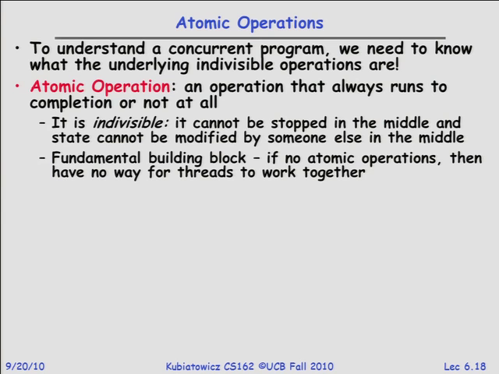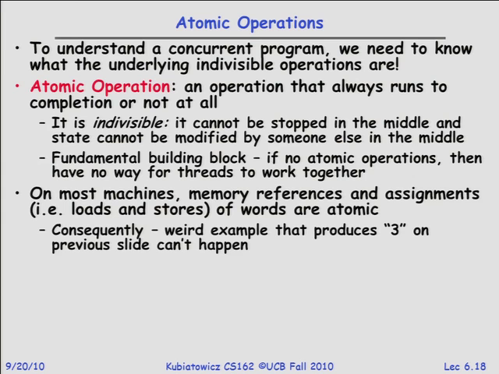Most machines have atomic memory operations, loads and stores. So that example that I gave you with 3 pretty much doesn't happen much. Now a floating point could be an example of that, with 64 bits using 2 32-bit loads or stores, but mostly you don't have to worry about this. Many instructions are potentially not atomic.